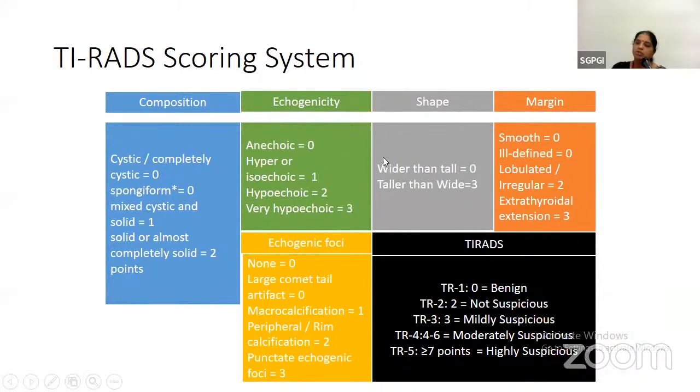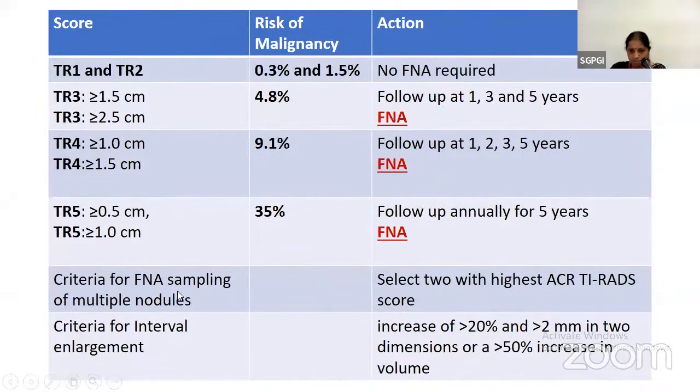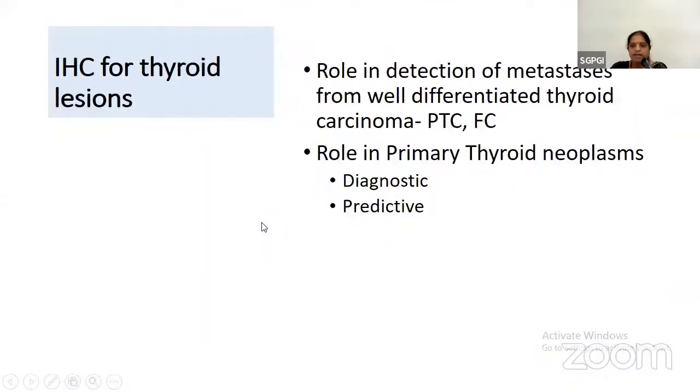Then we have shape: taller than wide is of course significant. Then the margins, and they also give a score, TI-RADS 1 to 5, where some are benign and of course 4 and 5 are highly suspicious. So they will do an FNA in 3, 4, and 5, and this is the risk of malignancy based on the TI-RADS score. So I think your first important ancillary investigation in thyroid is ultrasonography.